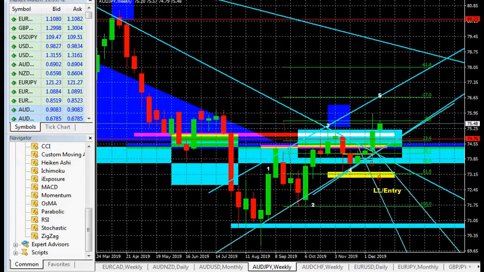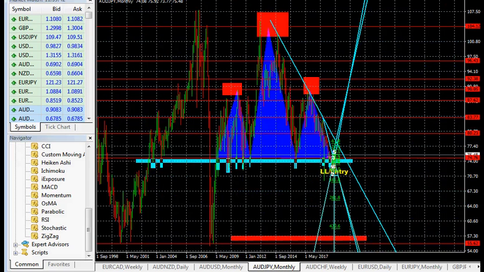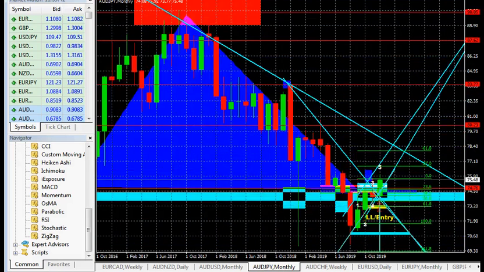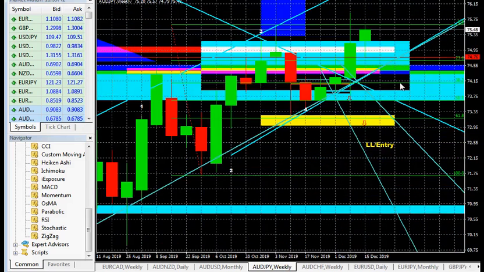So what are we looking for in 2020? Look out for this Australian versus Japanese yen in the bearish market, as you will wait for price action for a trend line break and a lower low to go short.